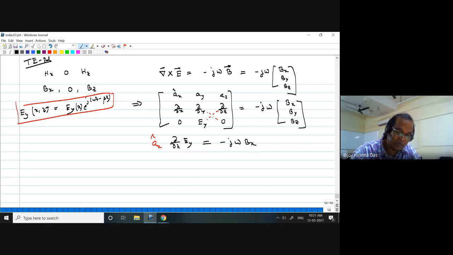And if you make a derivative of Ey with respect to z, what you get? Minus j beta Ey, along ax again. I am just considering the component level. So minus j beta Ey should be equal to minus j omega bx.